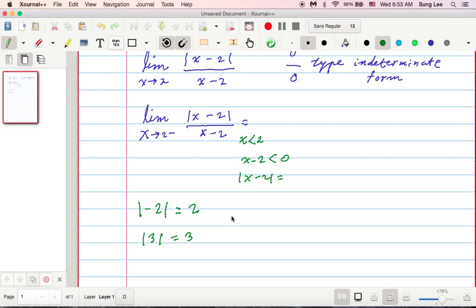But if I ask, so the absolute value of x, if x is greater than or equal to 0, what would be the absolute value of x? No problem. It's going to be just x. And if x is less than 0, what would that be?